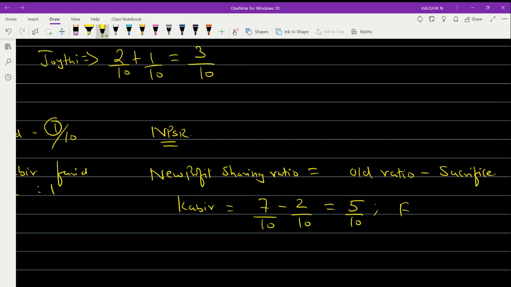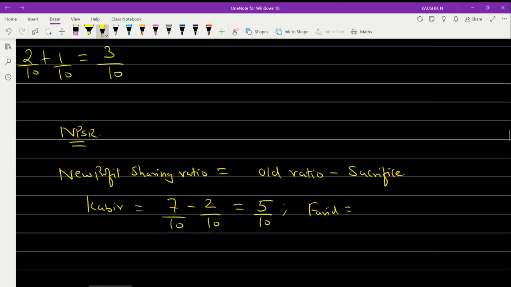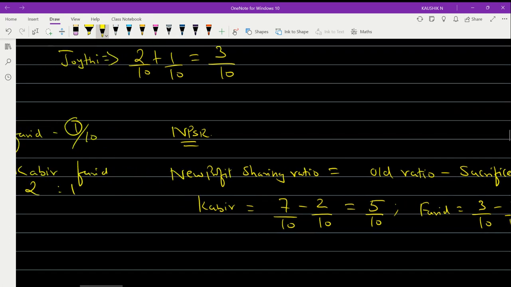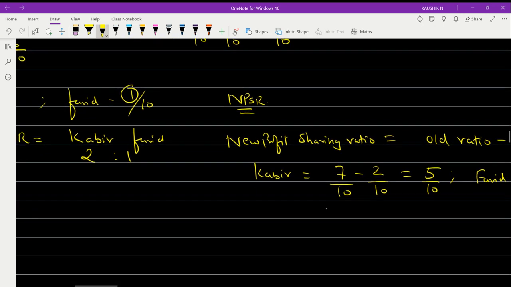Similarly for Farid, the old one was 3 by 10. In this, 1 by 10 he has given up, so the balance will be 2 by 10. Now we have to represent the NPSR.